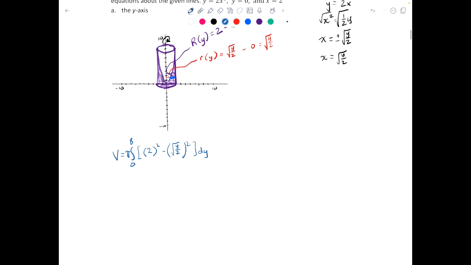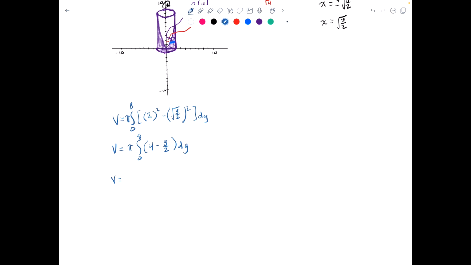This one I think will be nicer than some of the others. So we'll have pi times the integral from 0 to 8 of 4 minus y over 2. That's so nice. dy.